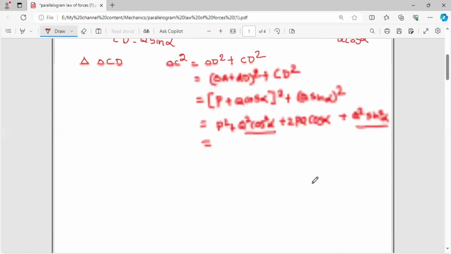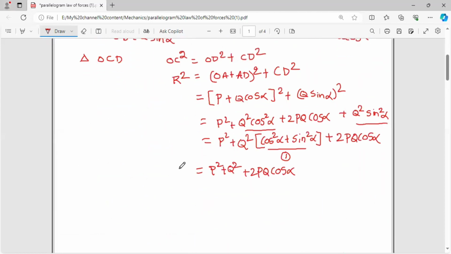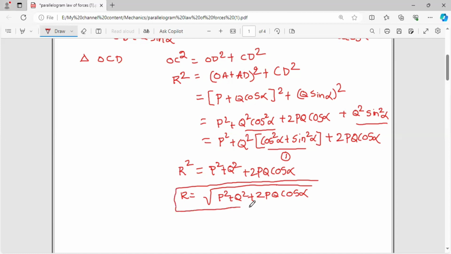OC is the R. That is why I take R square equal to P square plus Q square plus 2PQ cos alpha. Then R equals the square root of P square plus Q square plus 2PQ cos alpha. It is the magnitude of the resultant force.